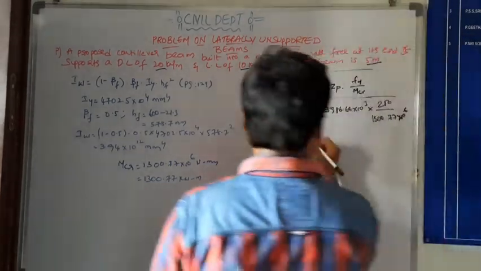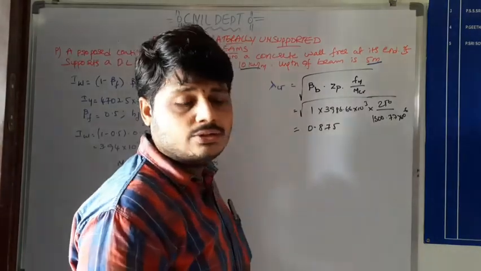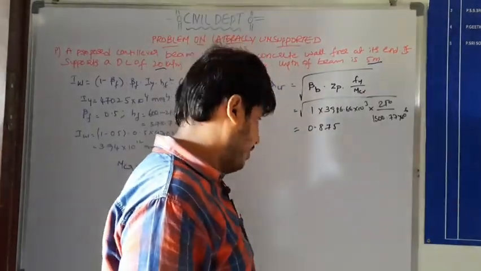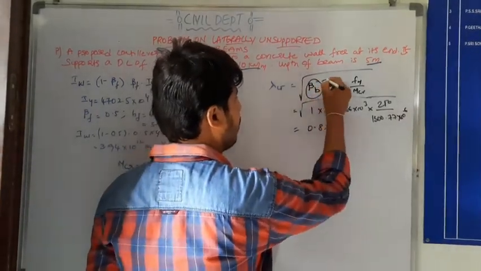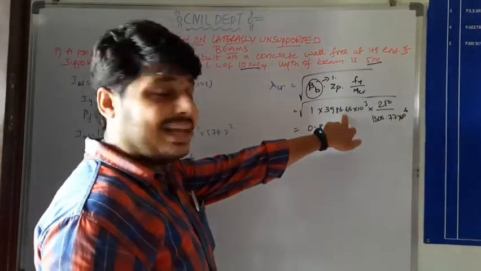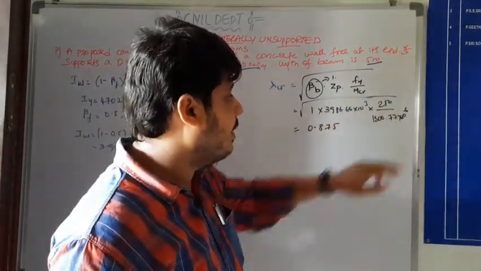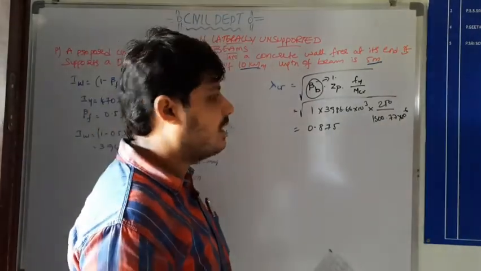So which we will get the value of 0.875. So beta B 1 constant, ZP plastic section modulus, Fy 250 by 1300.77 into 10 power 6.